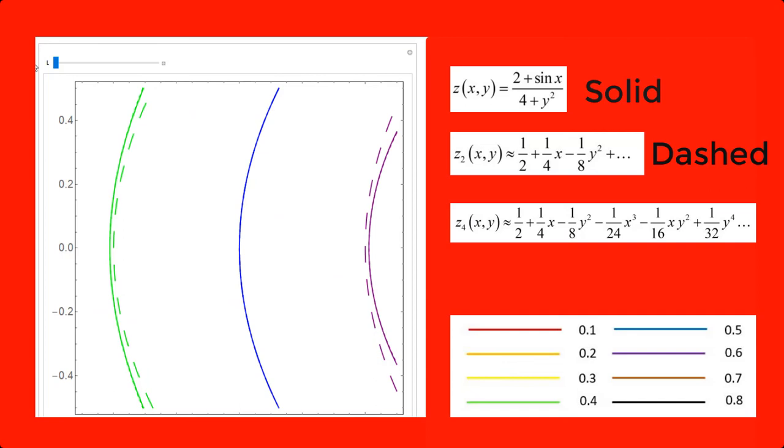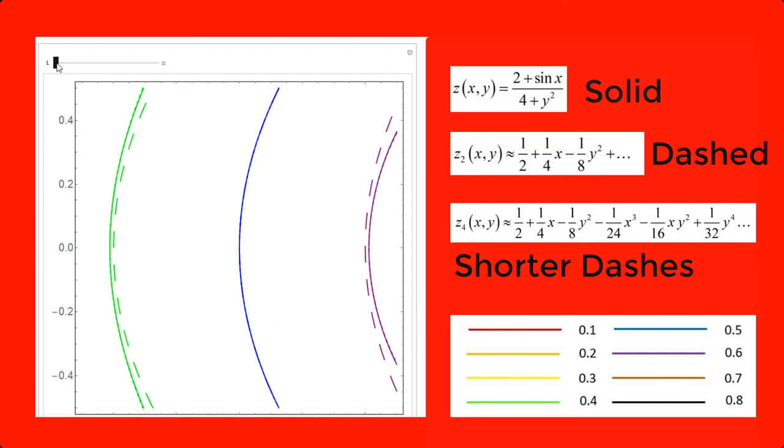We can represent the fourth order series and its contours by shorter dashed lines. Now when we just look at this small area near the origin, we don't see any of the fourth order ones because they lie so close to the curves for the function.